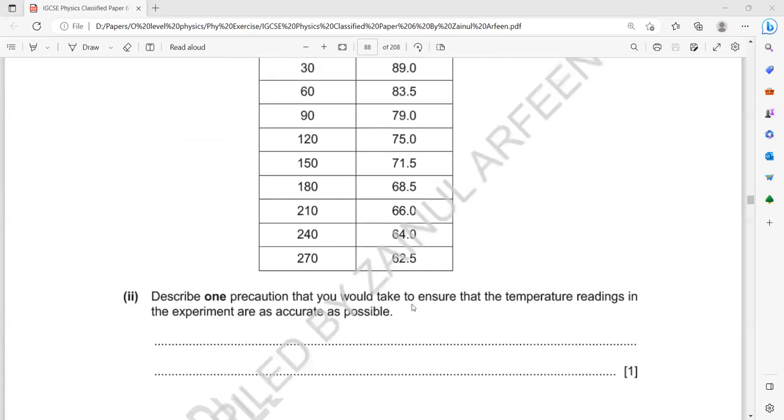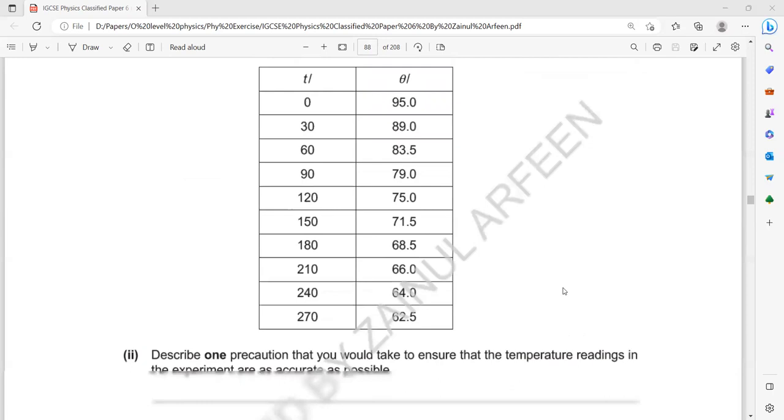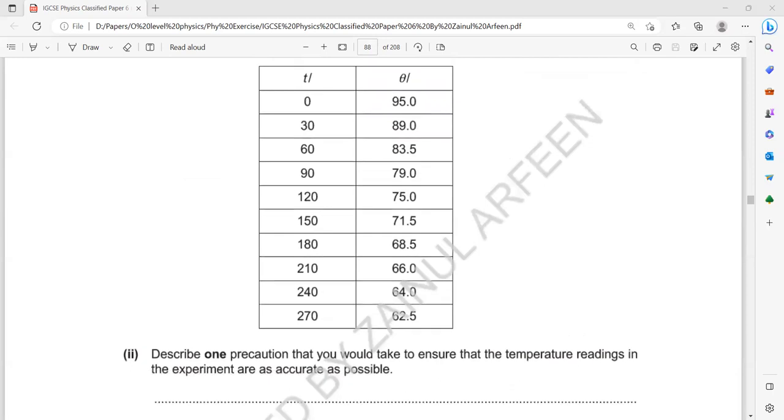Describe one precaution that you would take to ensure the temperature readings are as accurate as possible. Whenever you're doing an experiment on rate of cooling and want your temperature readings to be reliable, number one, you should avoid a parallax error, or look perpendicular. Then you should wait until the readings stop rising or changing.